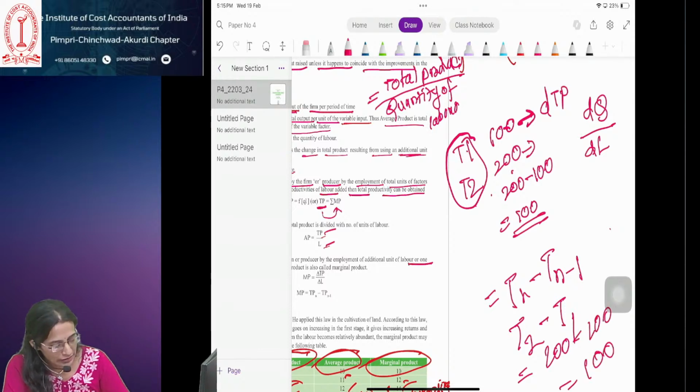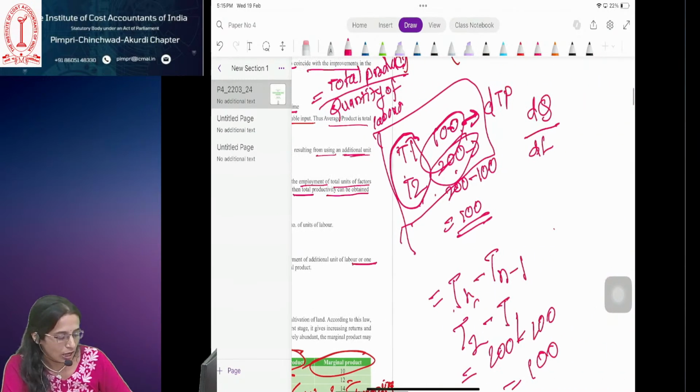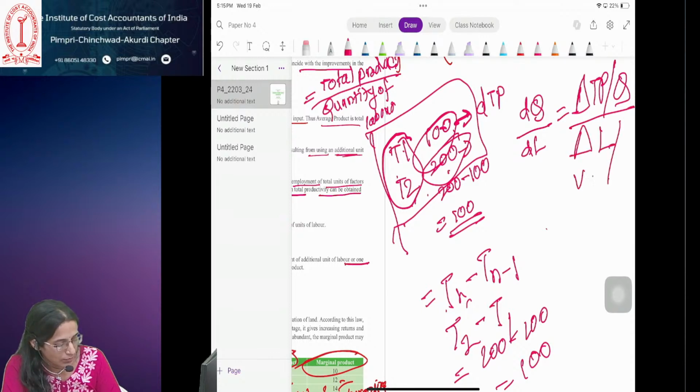We saw the change in the total product: first the total product was 100, then it became 200. So 200 minus 100, that is T2 minus T1. And what is marginal product again? Change in the total product or quantity divided by change in the labor or the variable factor. Clear on these concepts?